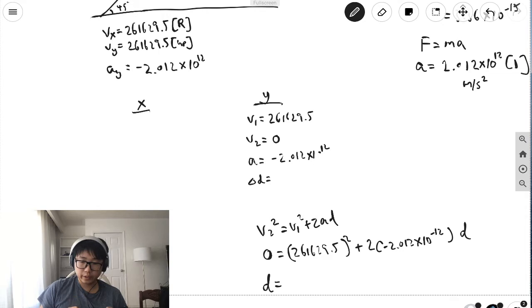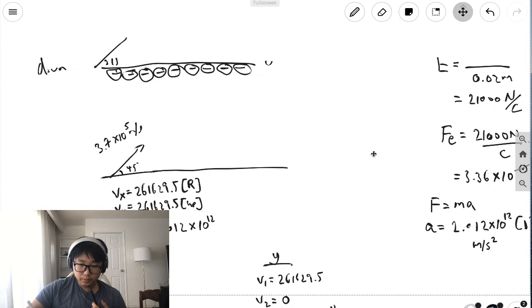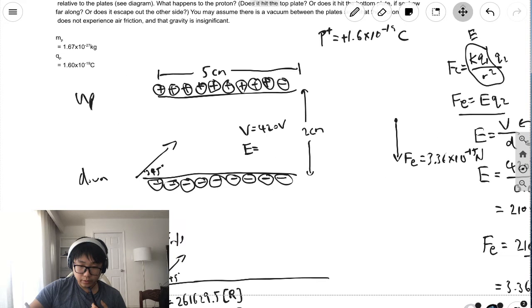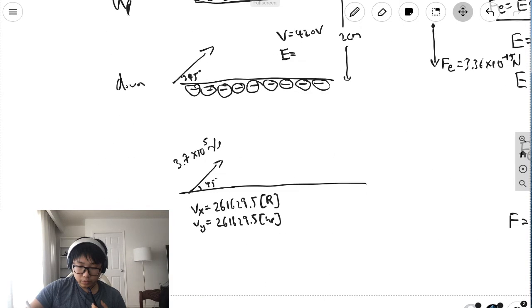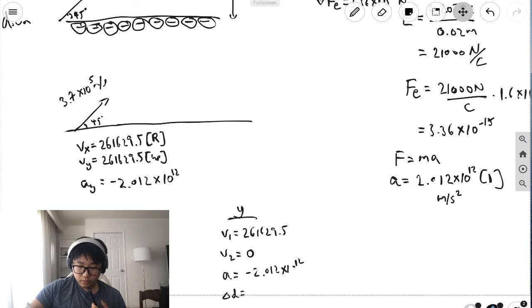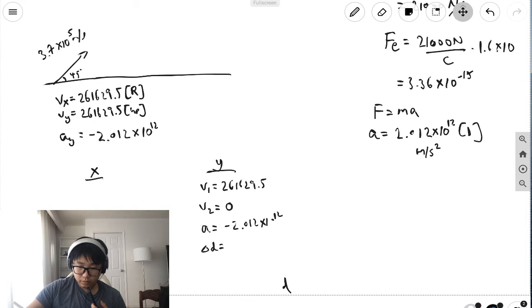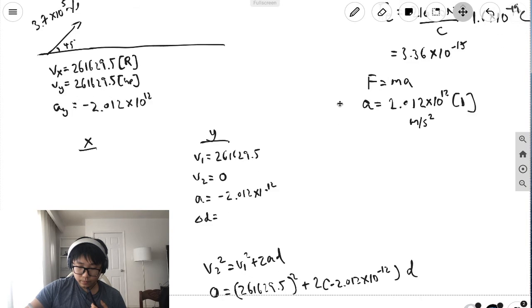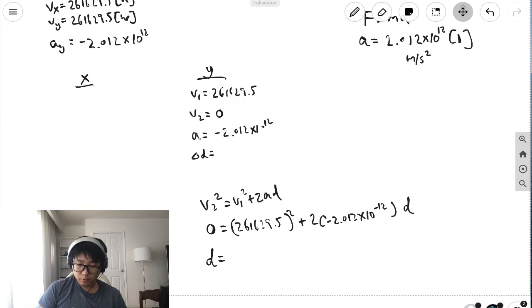Okay, I'm getting some ridiculous answer right here. Let me check the units here. That's meters per second, right? Yes, that was meters per second. Alright, let me try that one again.